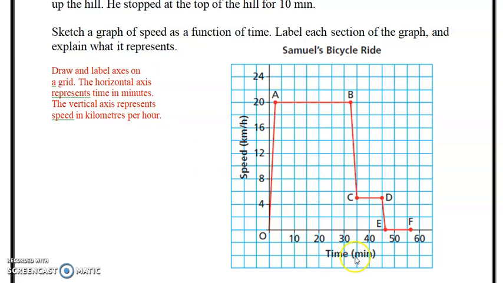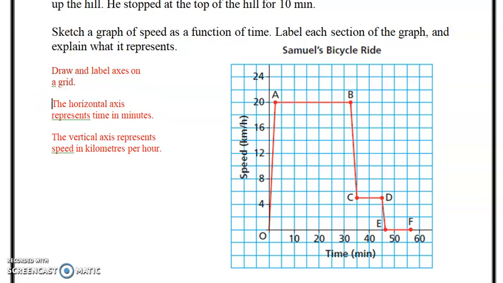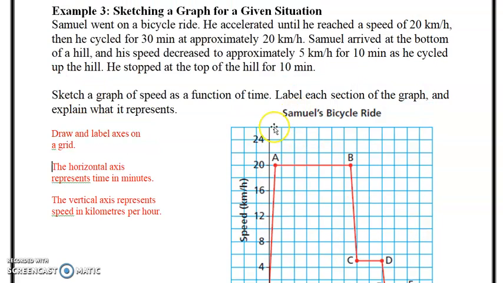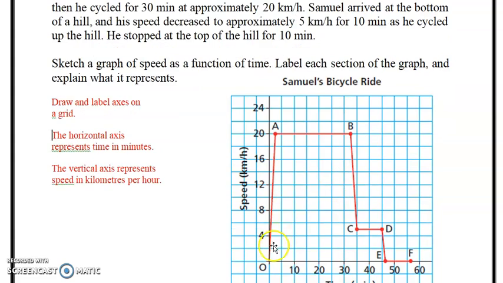The horizontal axis represents the independent variable, which is time, and the vertical axis, or the y-axis, represents kilometers per hour. And there's the situation as we saw it. He accelerated, so it just shows that over a quick amount of time he got up to 20.